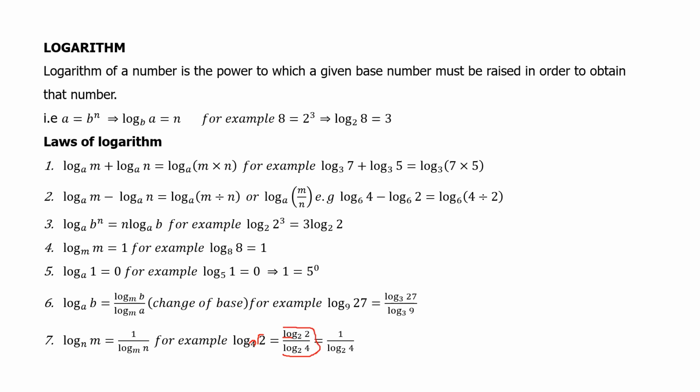Then we know from the earlier law that log of any number base that number is 1. So log of 2 base 2 will be 1 divided by log of 4 base 2. So we can easily interchange that quickly before first of all introducing the base that we want to change to.